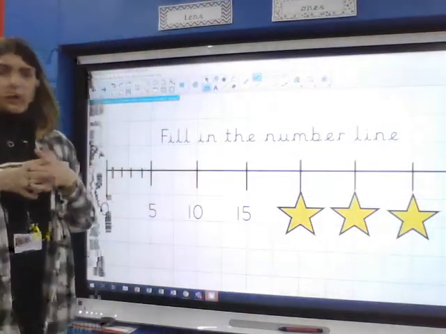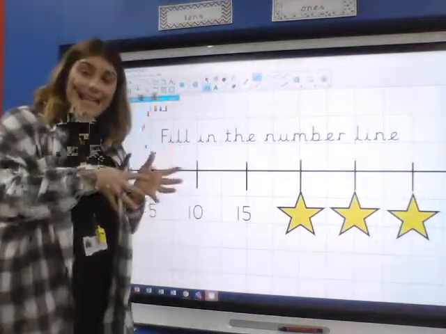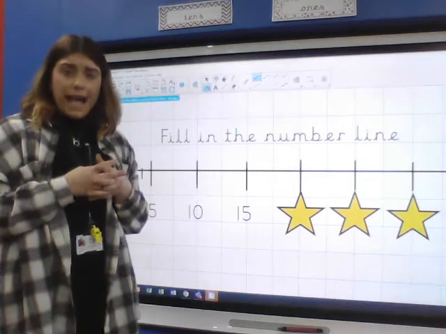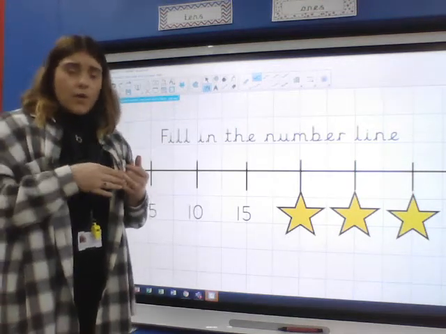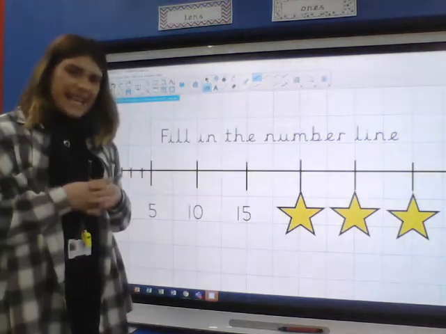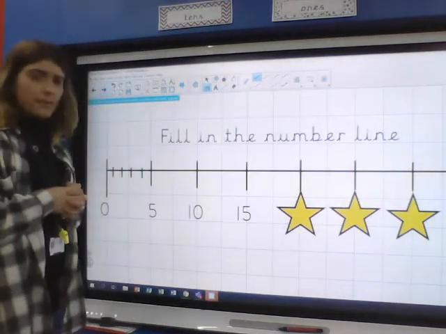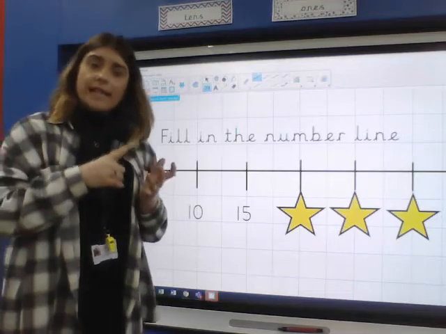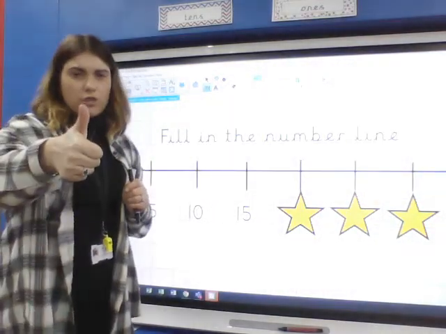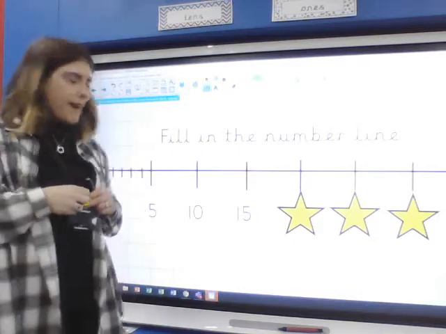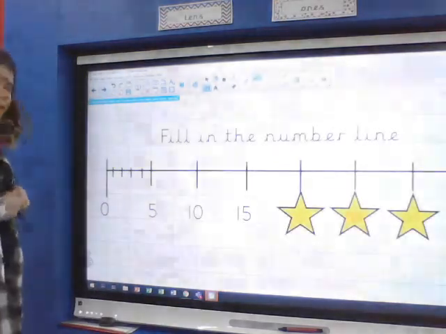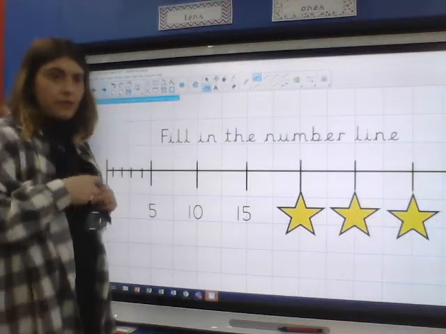So reflecting back on yesterday's learning, we were counting in different multiples, different groups, different steps. What am I counting in here? So yesterday we looked at counting in 2s, 3s, 5s and 10s, and well done to all those superstars that were on TT Rockstars yesterday, counting in 3s and practicing them. So what am I counting in here? What's my missing number going to be?